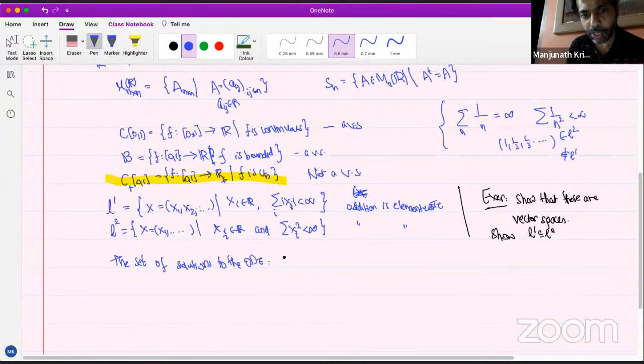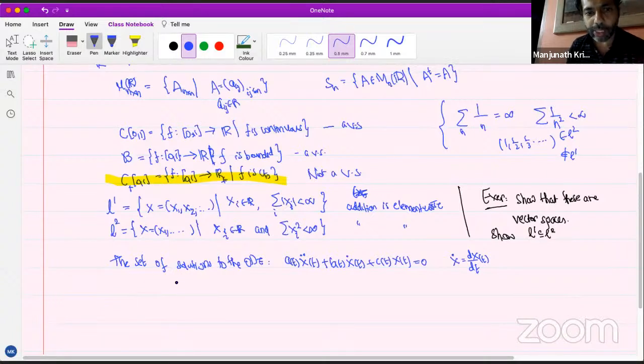I write down an ODE, a of t, x double dot of t plus b of t, x dot of t plus c of t, x of t equals 0. Here the derivative means... okay, so x is a function. So this is a second order differential equation that I have written. So look at the set of solutions to this.